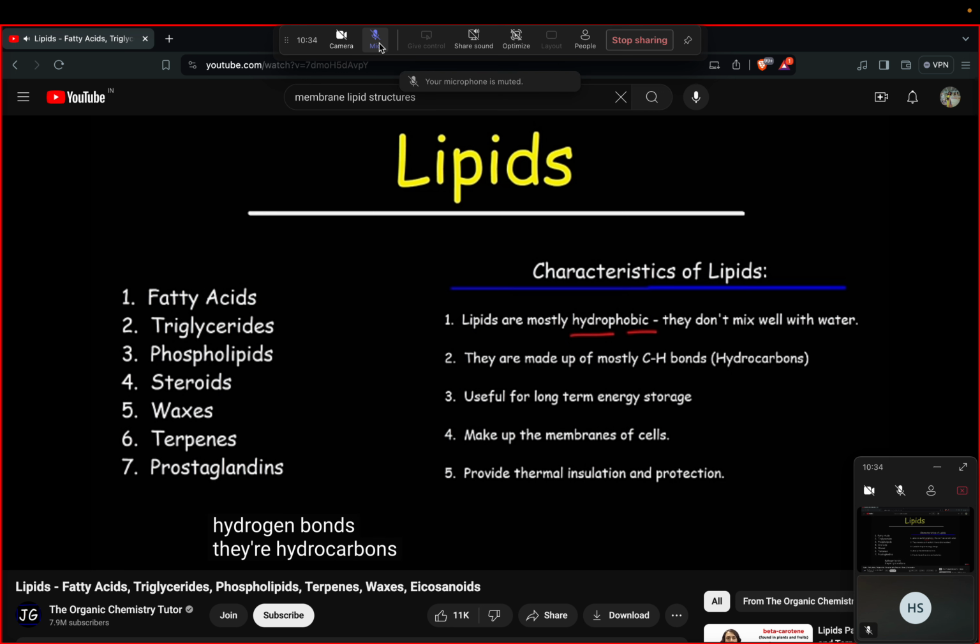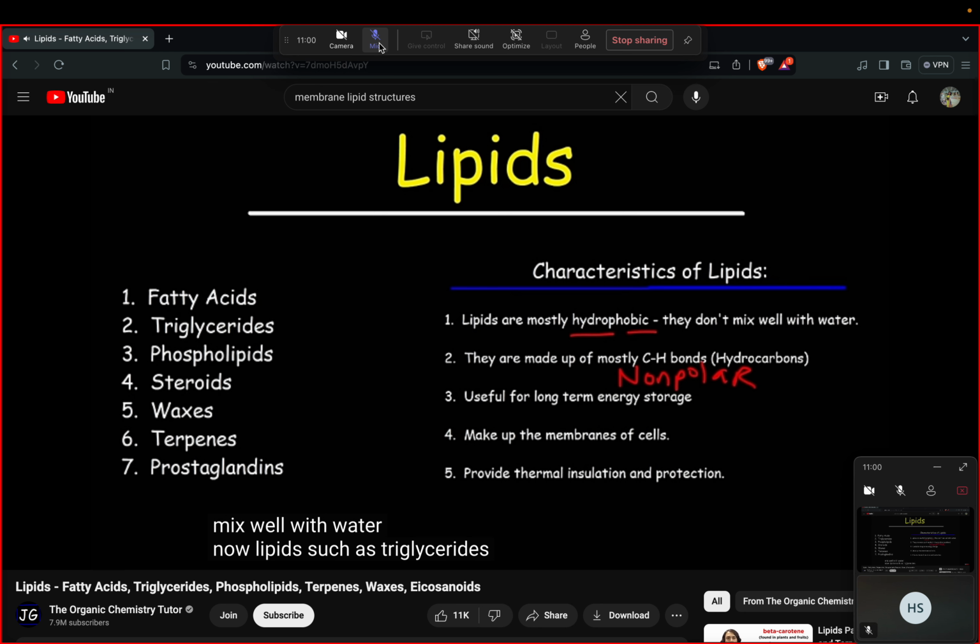They're hydrocarbons. Now, they may contain other elements like oxygen and sometimes nitrogen in the case of phospholipids, and phosphorus too. But for the most part, they contain mostly CH bonds, and CH bonds are nonpolar. And it's because of the CH bonds that lipids are hydrophobic, that they don't mix well with water.